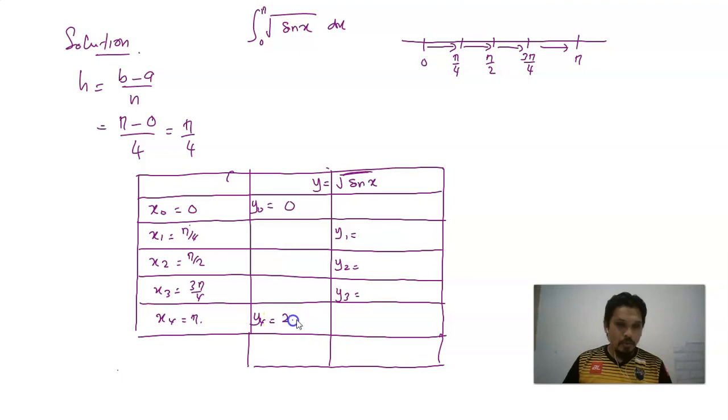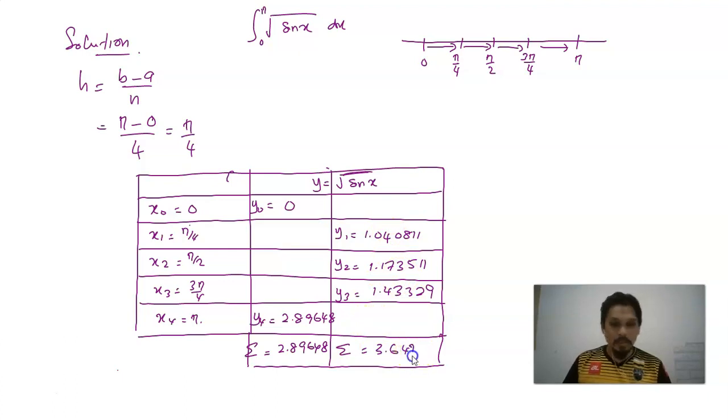It is 2.89648, and this one here 1.040811, 1.173511, and this one here 1.43329, and this one 0 plus with this summation equal to 2.89648, and the summation on this side here is 3.647651.